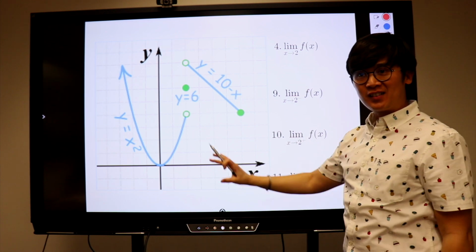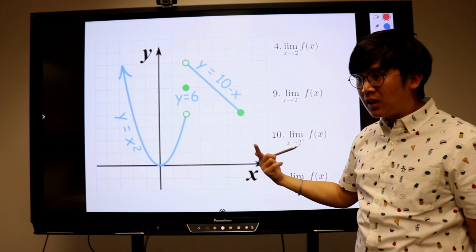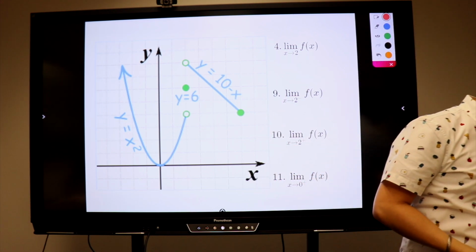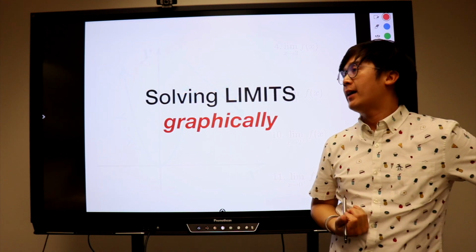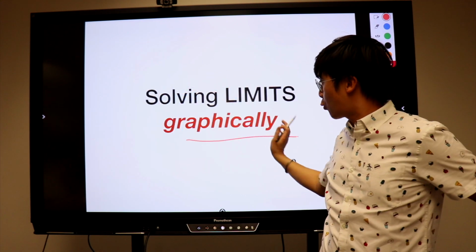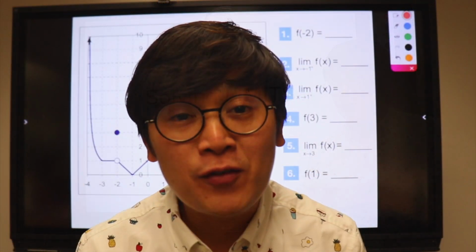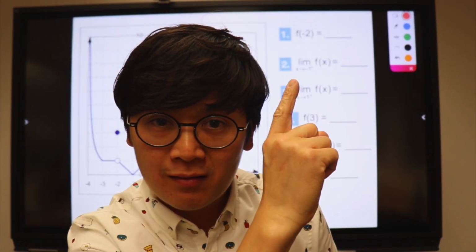See? So much learning. Are you absorbing all the things we're learning now? Because what we just did is solving a limit graphically. If you want to know more about solving problems involving limits, just click on this button right here and it will give you more examples and more topics on how to solve limits algebraically, graphically, and analytically.